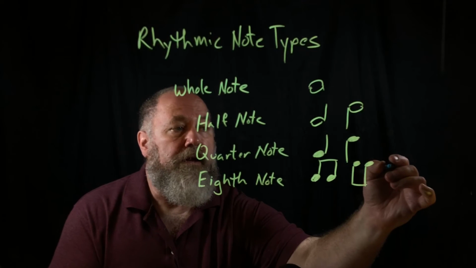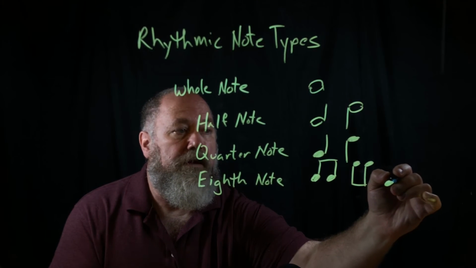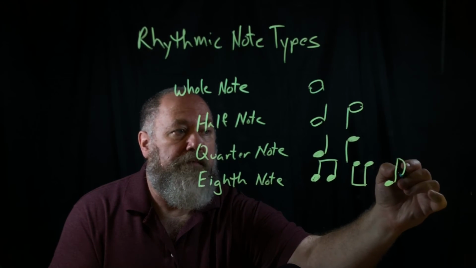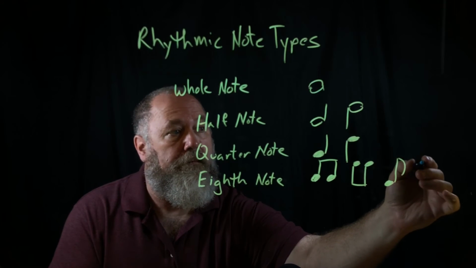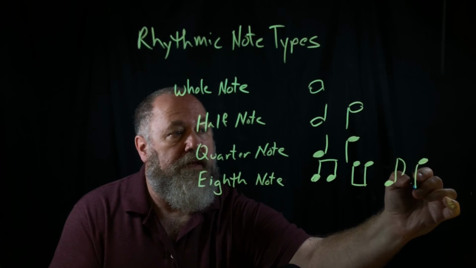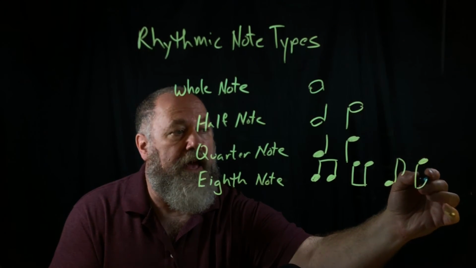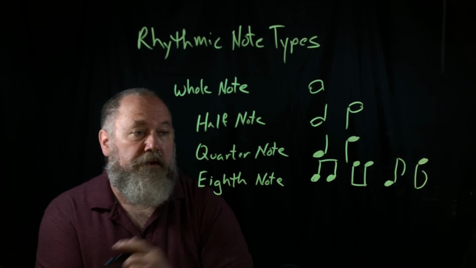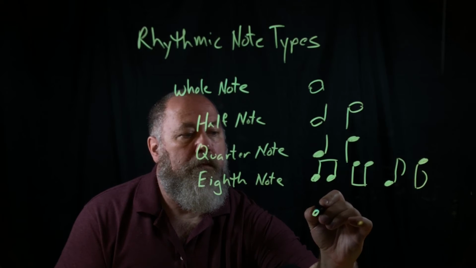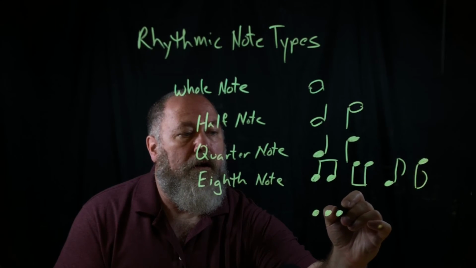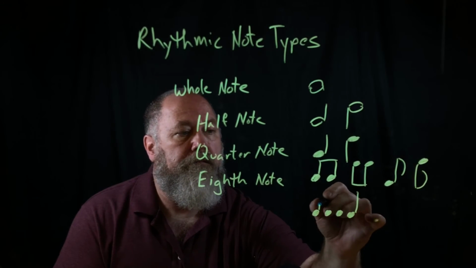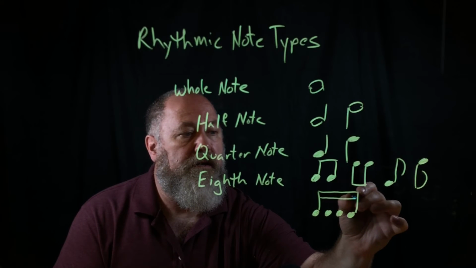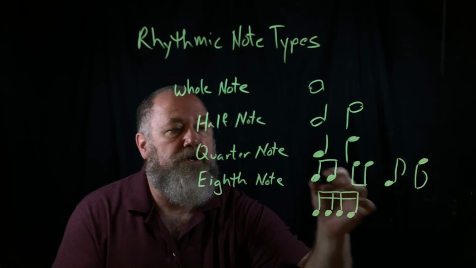You can write eighth notes individually, but instead of a beam, they will have a flag hanging off the stem. In the case of one that has a stem going down, the flag actually goes up. The next type of note also has a filled-in note head, and this kind generally has 2 beams.